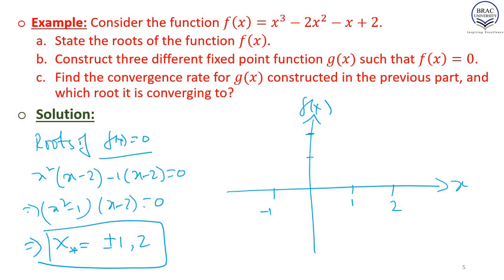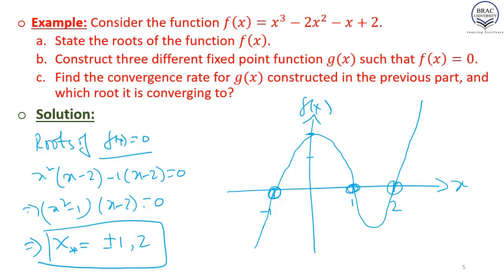I'm just sketching the function. It is like that. So that is a cubic function. There is one root here, and one root here. There are three x star. That is the first part of the question A.